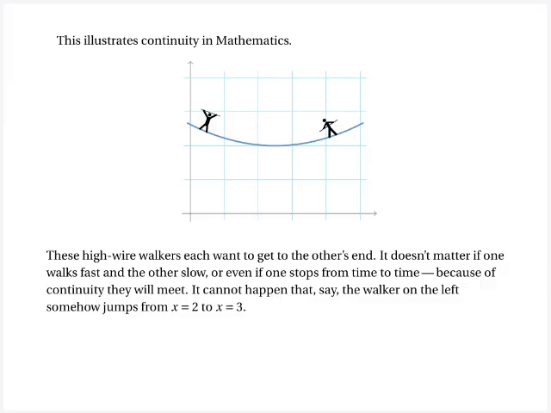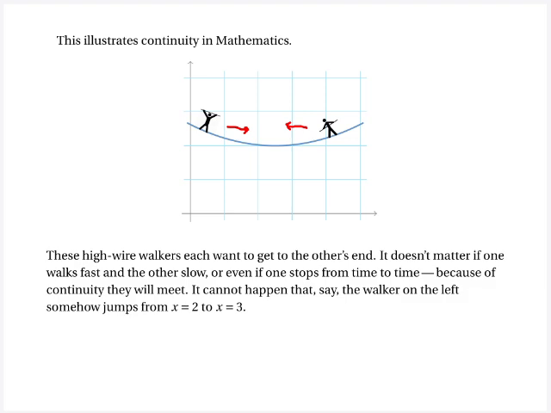If you have nearby inputs, in this case you're watching the two high wire walkers try to get past each other, so we're watching over time, the time is changing, then the values, in this case the positions of the two high wire walkers, have to be nearby. Of course they change somewhat, but if you go between time t equals 5 seconds and time t equals 5.1 seconds, the high wire walker can't just vanish from this spot and move to the other spot. They have to move smoothly.